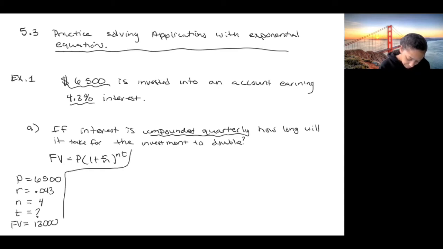I'm going to use a different color so we can see better. All right, 13,000 is equal to 6,500 times (1 + 0.043/4) to the 4 times t power.